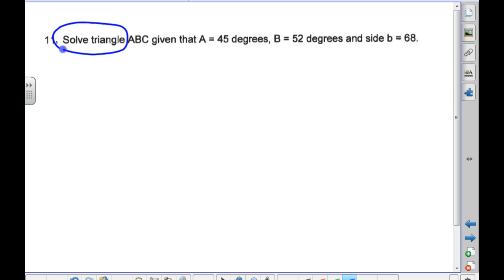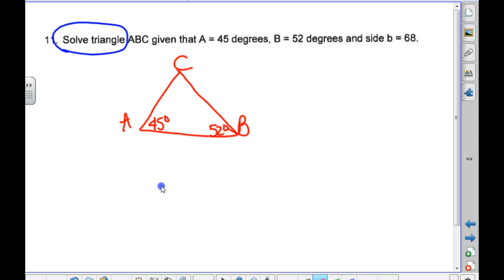Number 11 says solve the whole triangle. There is one of these on there. Yuck, yuck, yuck. We have to find all the missing pieces. So we have a 45-degree angle, a 52-degree angle, and the easiest thing in the world to find is angle C then. If I do 90 minus 45 and 52, I'm sorry, 180 minus, yep. Must be late.